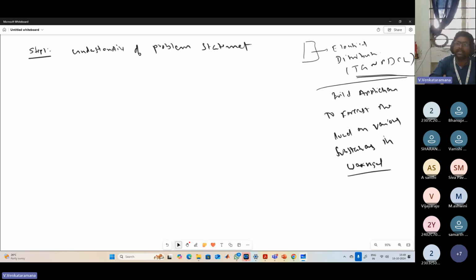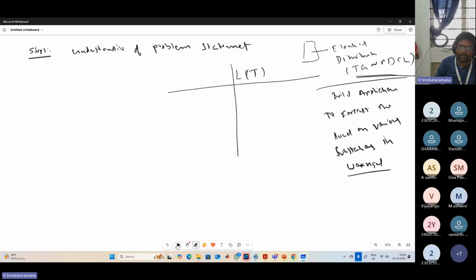Let us assume L of T, the load on a substation at a particular time, is my output variable, or we can call it the target variable.